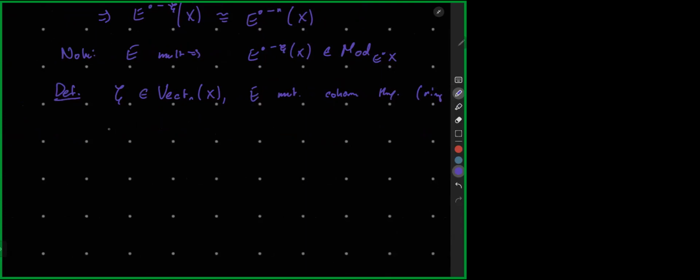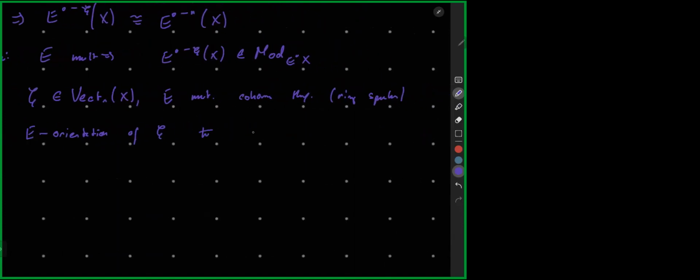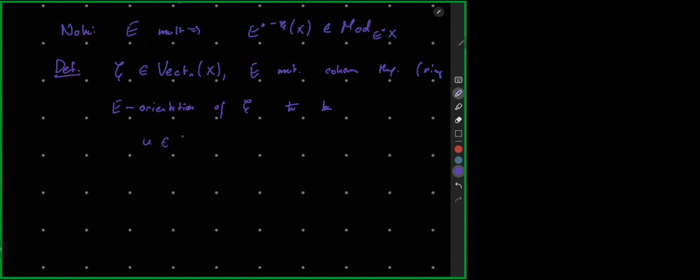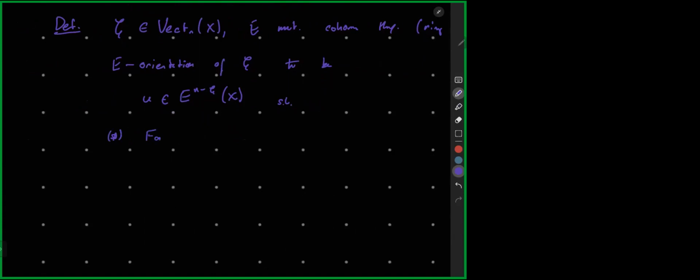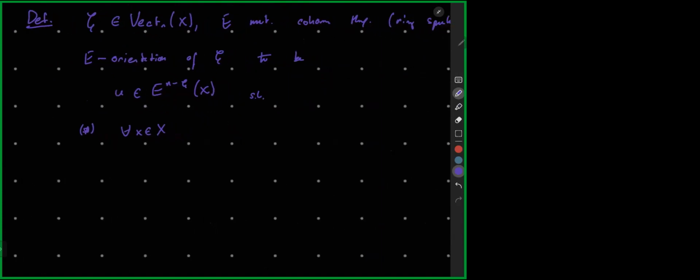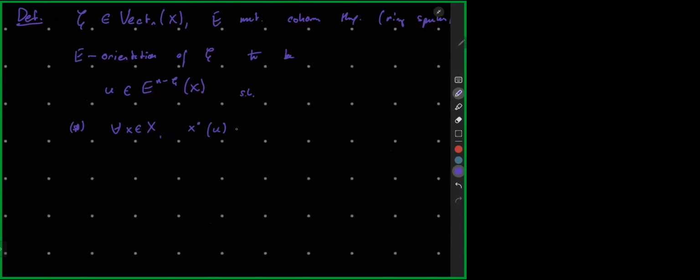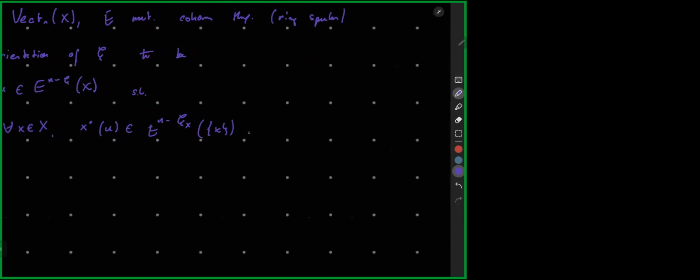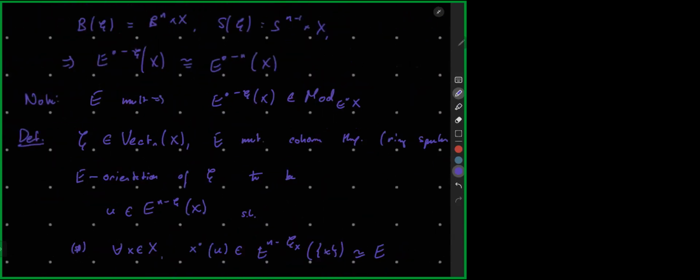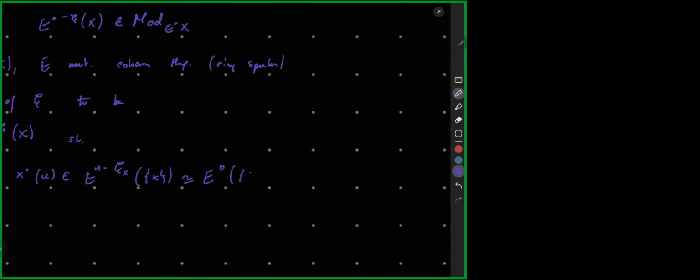Then we can define an E-orientation of zeta to be a class U in this twisted cohomology such that for every point x, the restriction of U, which of course lands in E^{n minus zeta_x} over x, which by the above example is just the zeroth cohomology of the point.